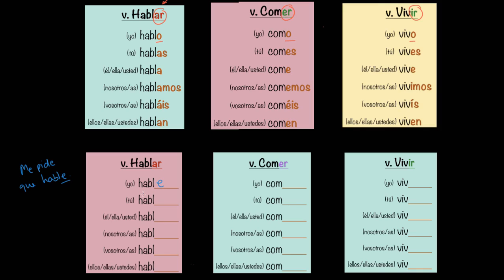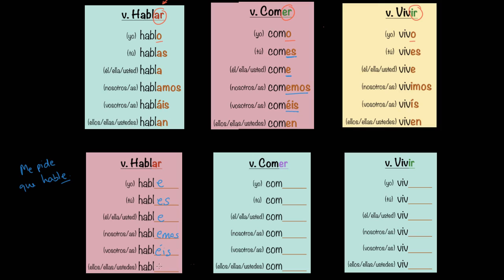So it adds an E: hable. Tú hables. This should be familiar. Que él, ella hable. Que nosotros hablemos. Que vosotros habléis.